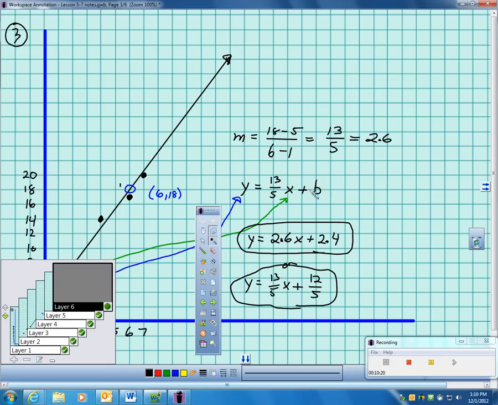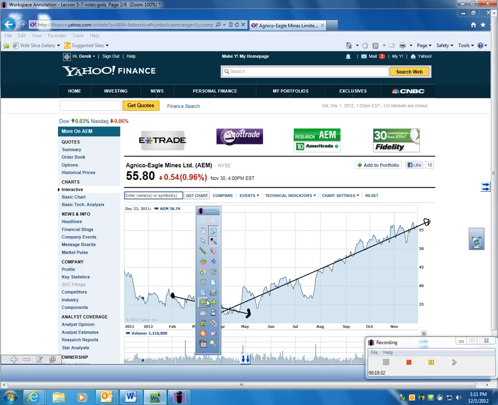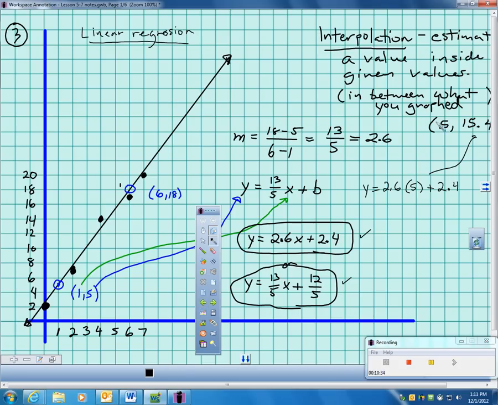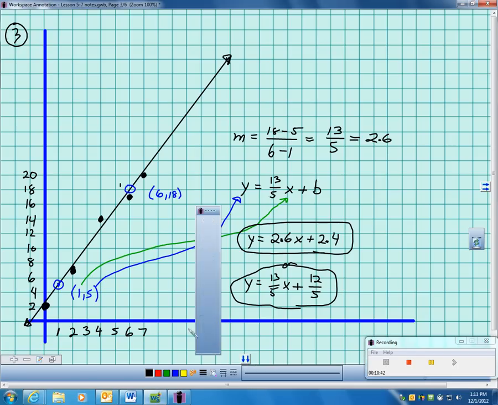I wanted to go over what happens if we estimate a point outside the data. Now, in the last slide, I estimated a point inside the data. I estimated the point 5, x is 5. That's called interpolation. If the problem had asked us to estimate a point, like let's figure out what the value of y would be when x is 10.